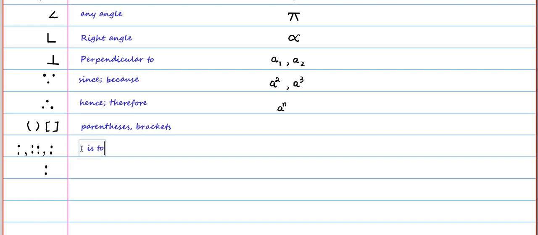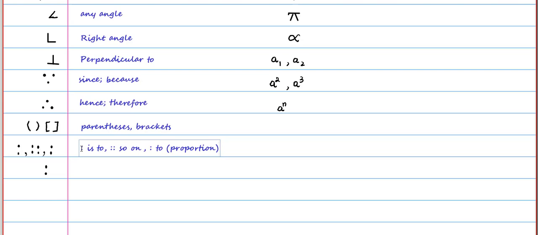This is to, and this means so on, and then the next double dot means to or proportion.